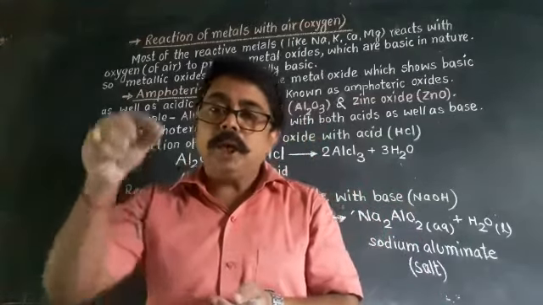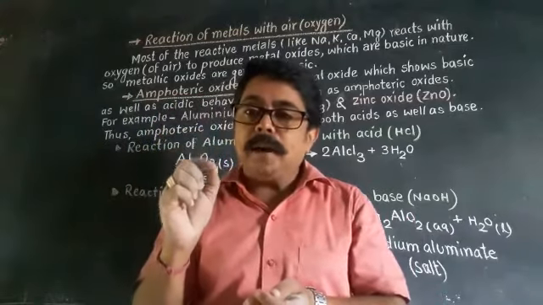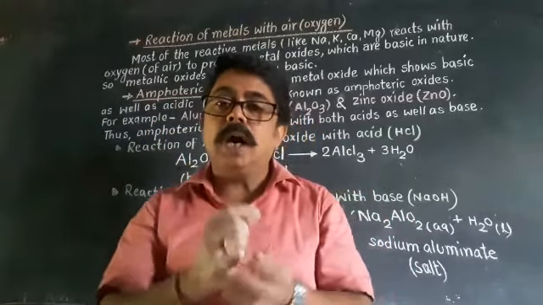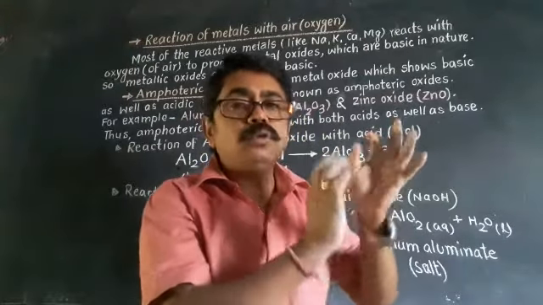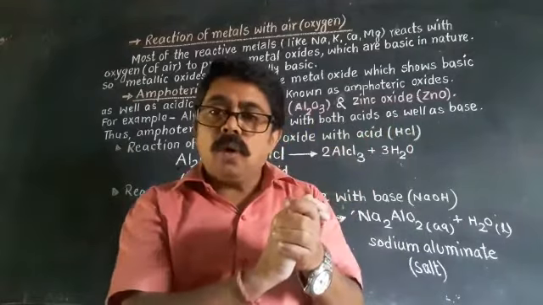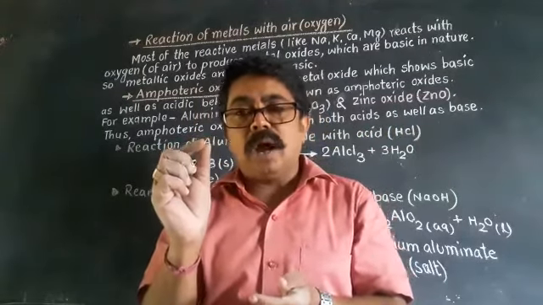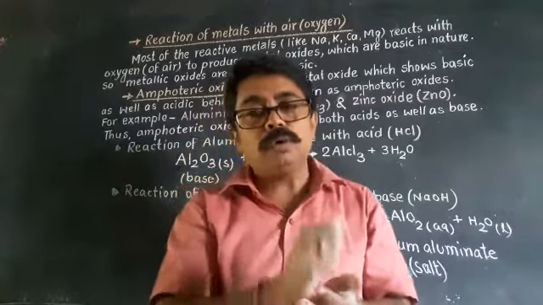nature. Please listen carefully, when reactive metals such as sodium, potassium, calcium, magnesium are burnt in presence of air, after burning what is left behind is ash, that is the oxide of that metal.